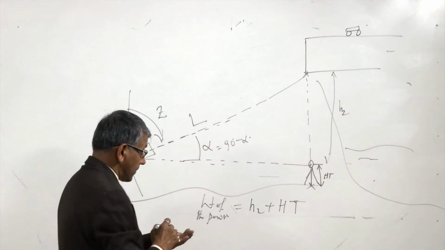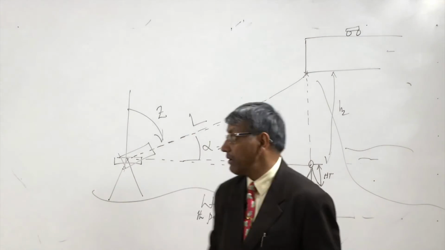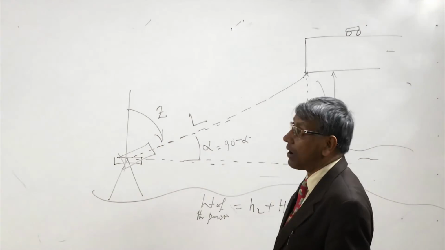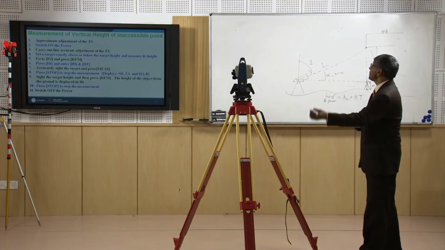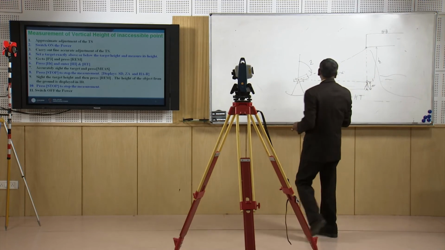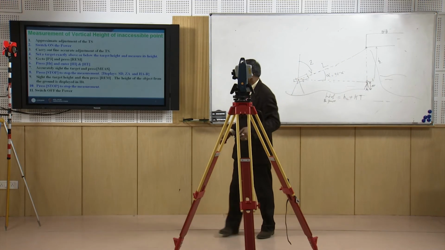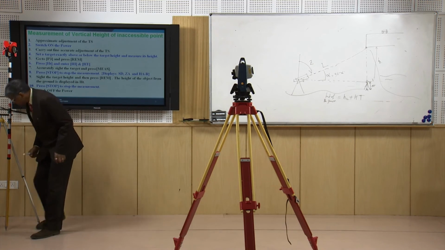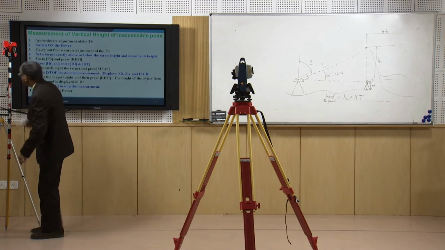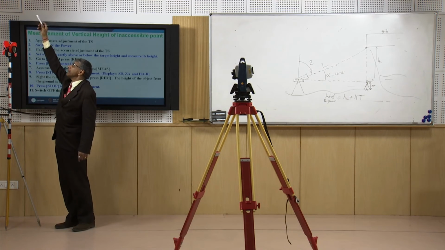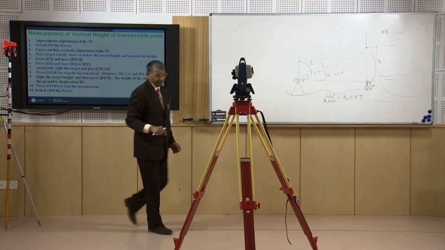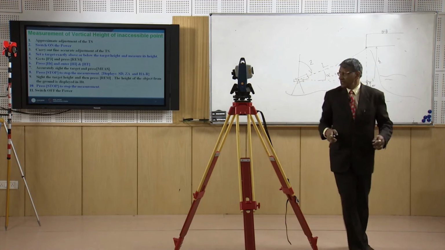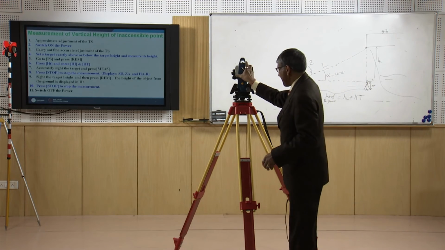So this is a very simple method. I would like to demonstrate the height of this roof. For that I will first consider the height of this point. The height of this point is 1.8 meter. So how is it done? It is given there.